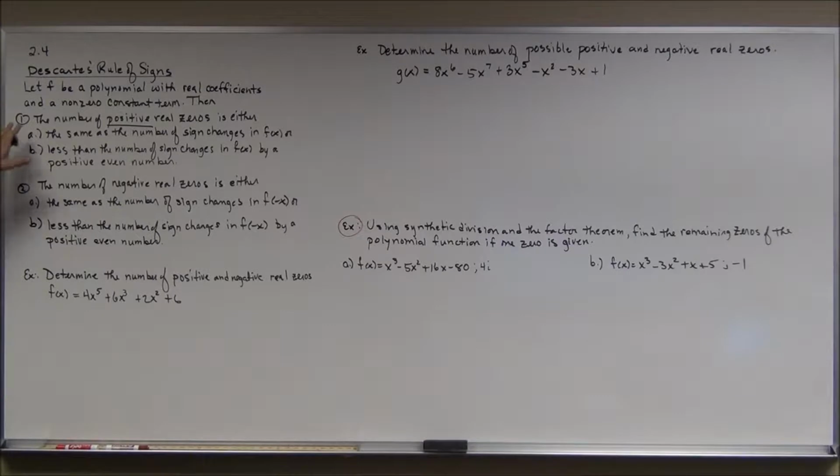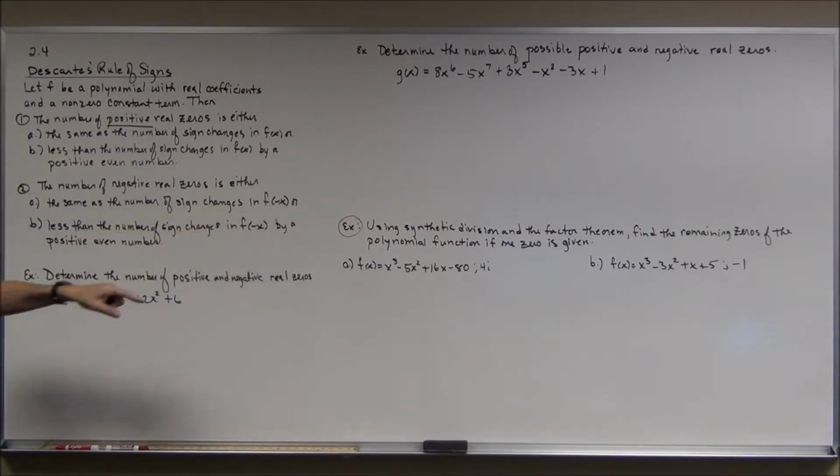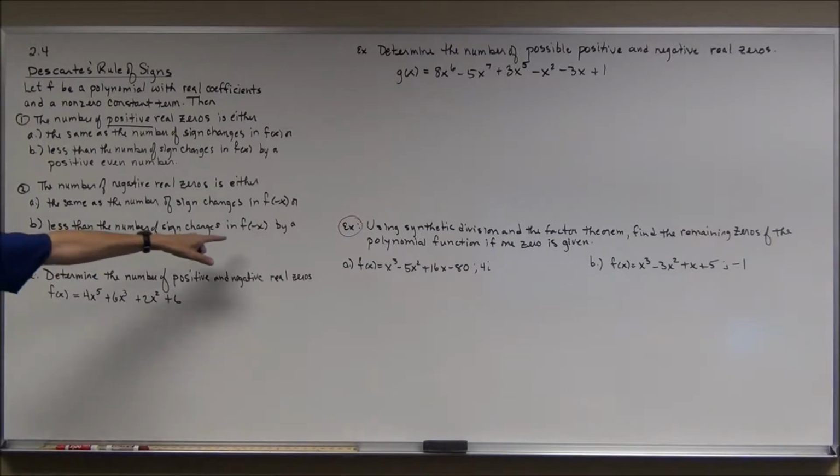But it's either the number of sign changes, or it's the number of sign changes minus 2, minus 4, minus 6, subtracting a positive even number. The number of negative real zeros is either the same as the number of sign changes in f of the opposite of x, or, just like in the other, less than the number of sign changes in f of the opposite of x by a positive even number.